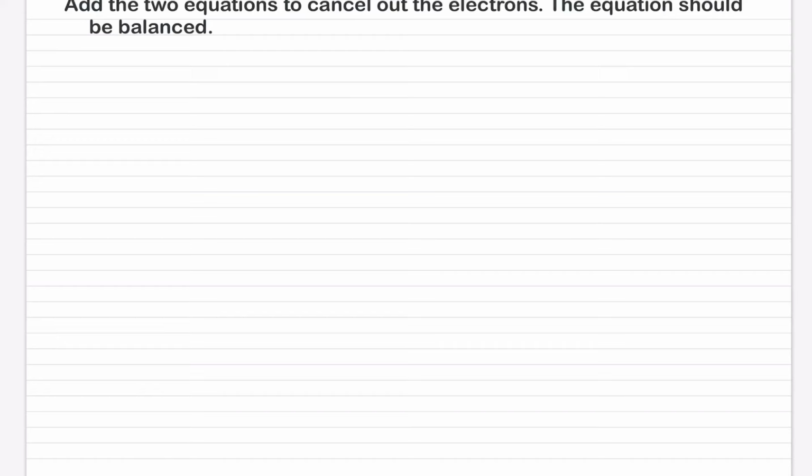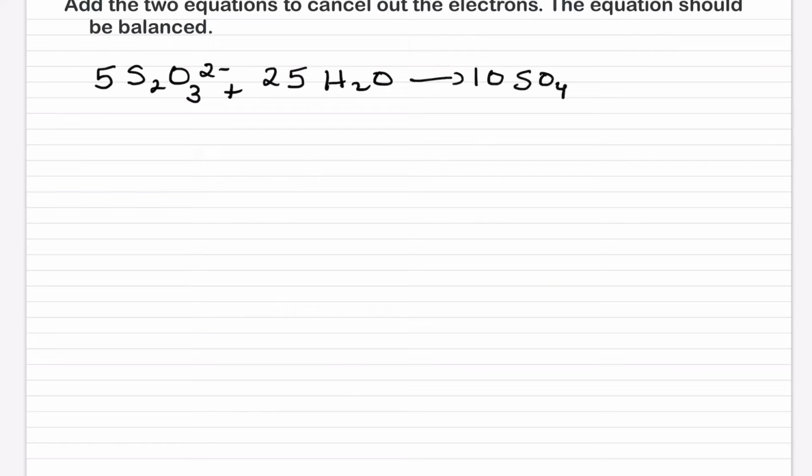So let's write down the equation neatly. 5 S2O3 2- + 25 H2O will yield 10 SO4 2- + 50 H+ + 40 electrons. That's the first equation.